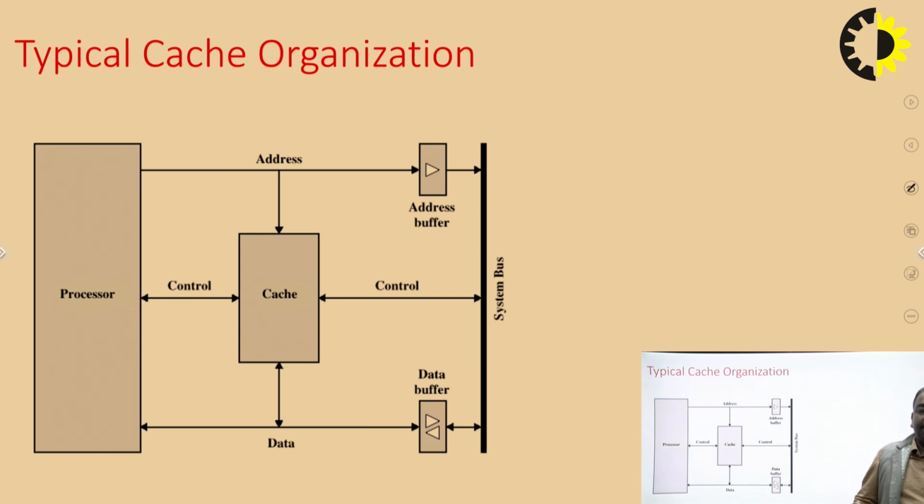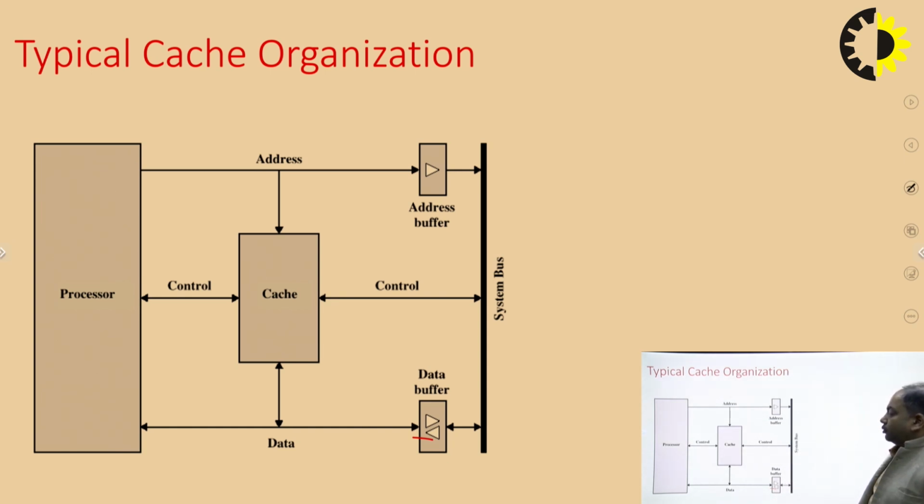This is the typical cache organization, in which we show the control and address. When we are searching for any instruction, we are talking in terms of address. When we find any data, we are talking in terms of data.